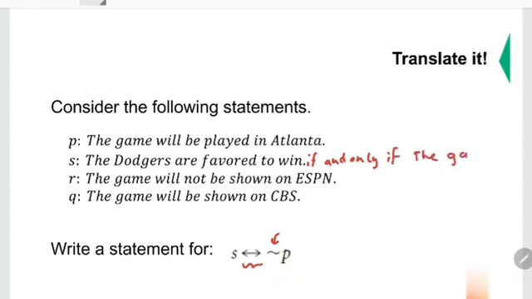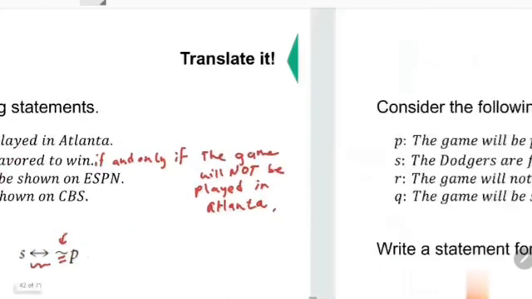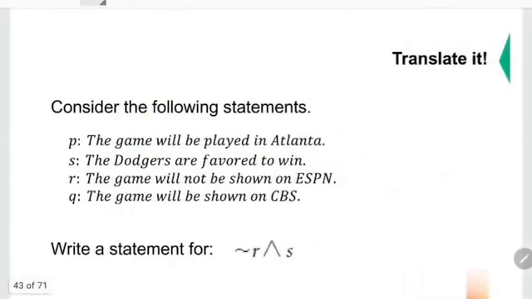The game will not be played in Atlanta. You have a negation, so dapat baliktarin mo tong P. Negation of R, and then conjunction, and then S. Conjunction between the negation of R and S.